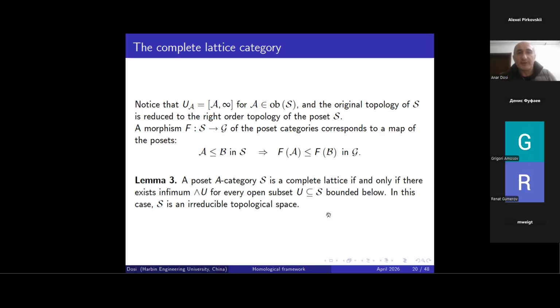Then it will be a complete lattice. So you can easily see that the topological space will be an irreducible topological space. I mean, every two non-empty open sets have a non-empty intersection, out of the presence of a supremum. So once having a supremum, you can get intersections there.